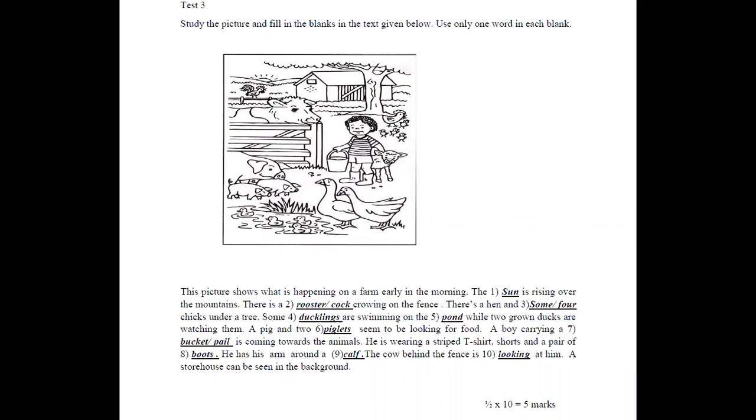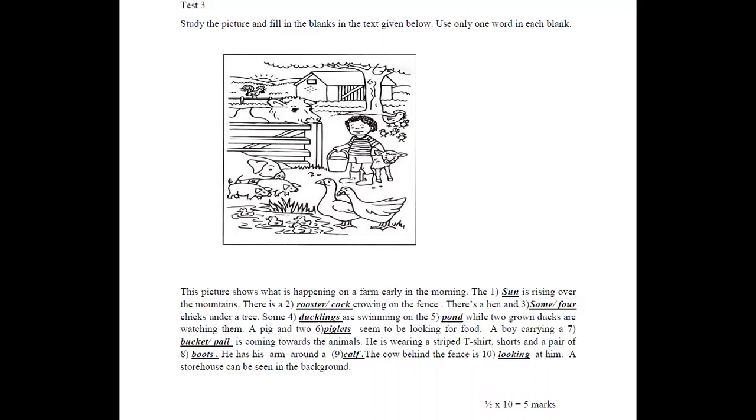So let's move on to the text. The picture shows what is happening on a farm early in the morning.